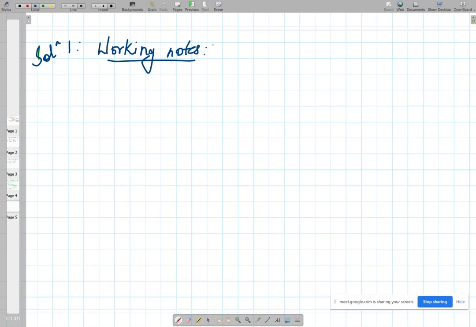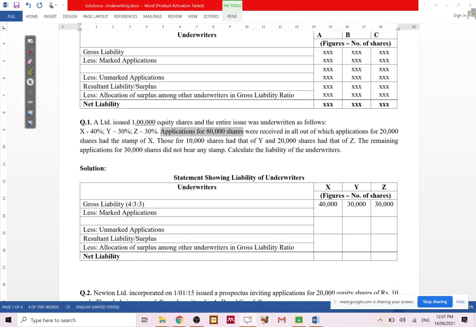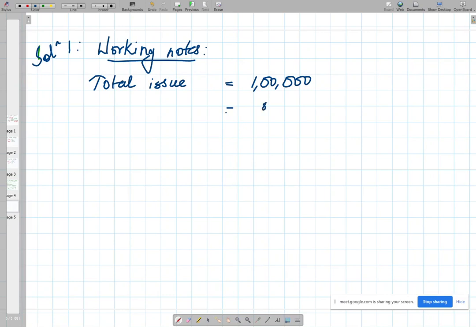So the total issue or number of shares issued is 1 lakh, not rupees. Okay, these are number of shares. Applications, that is, we sent out applications for 1 lakh equity shares. Applications received, meaning the public subscribed for 80,000. Have you followed? So applications received were 80,000.